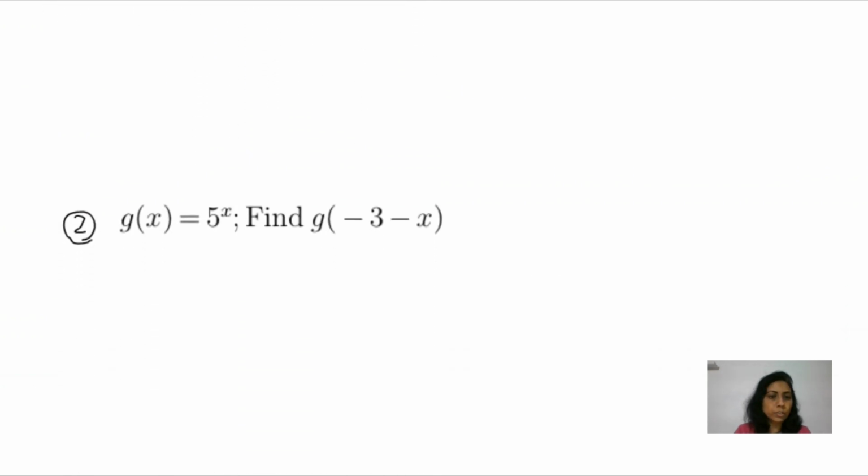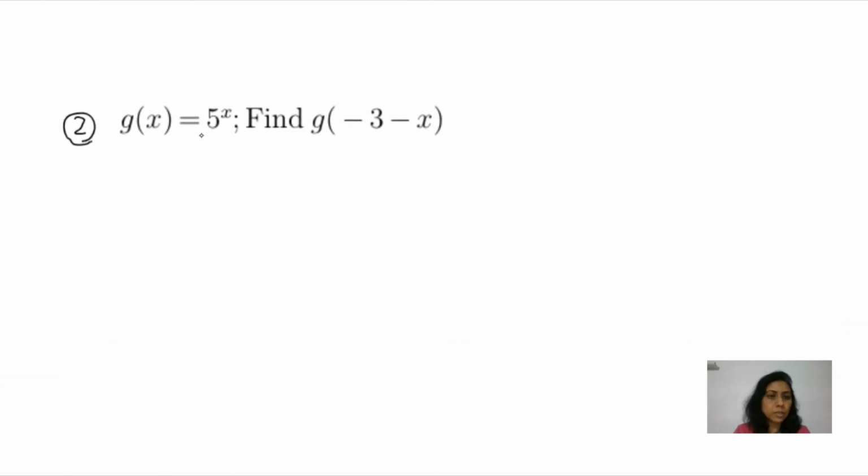Now second question, g(x) = 5^x. Find g(−3 − x). So g(−3 − x) is equal to 5^x, replace x with this, so 5^(−3−x).